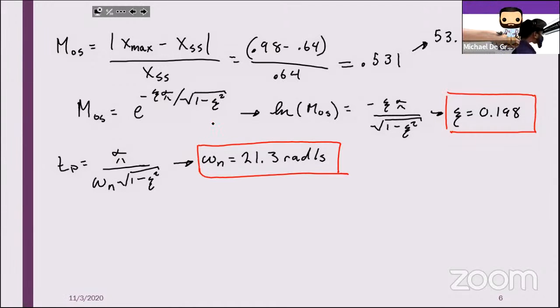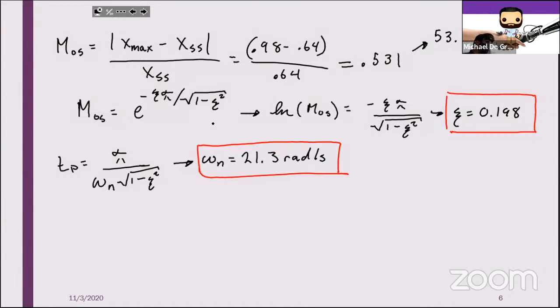Now we have everything that we need to get any other parameter that we are asked to find, right? But what we're going to focus on is getting the M, B, and K parameters first.